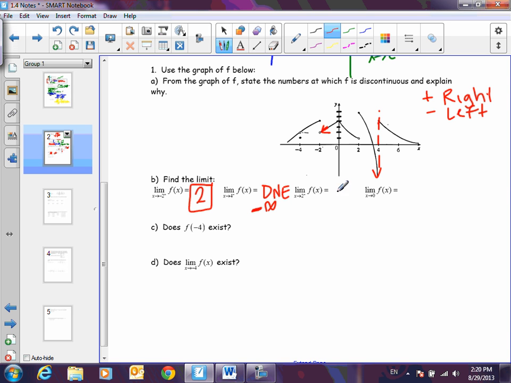Okay, go ahead and do the next one on your own. Try the next two on your own. Share with the buddies. See if you got the same answer that they got.